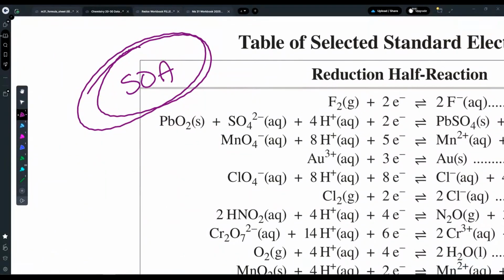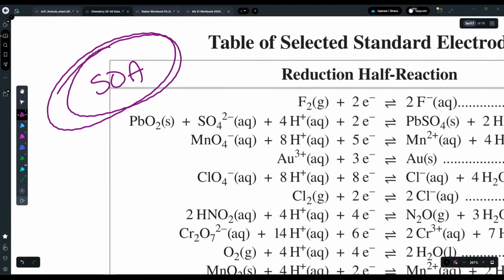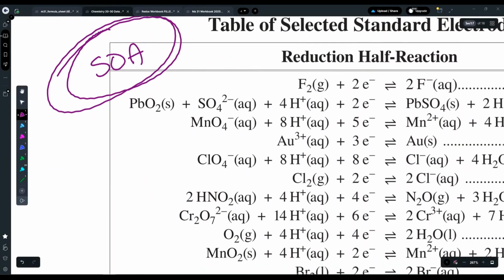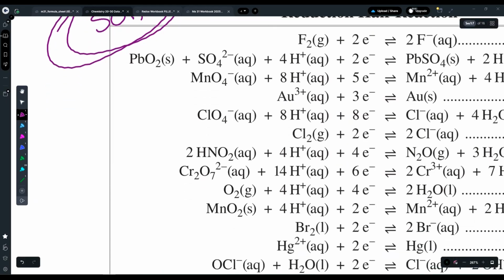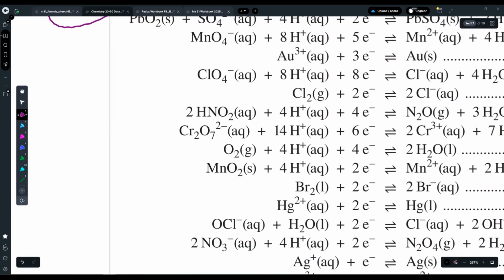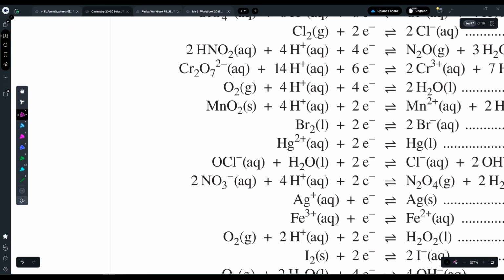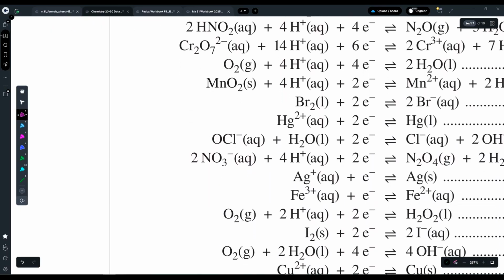So I'm just looking through the left-hand side to see what oxidizing agents I have here. Okay, so just a heads up, Au, that's not the same thing as silver, that's gold. Okay, now we do have nitrate, but we don't have hydrogen ions. It's not acidified, so we can't use this reaction here.